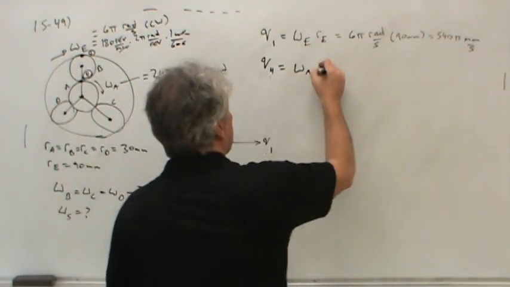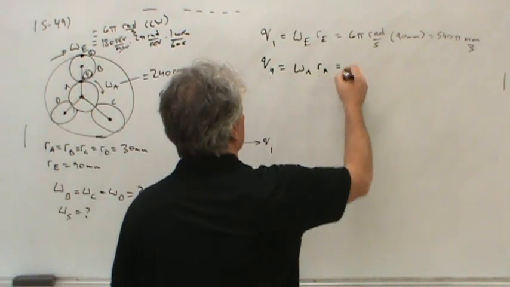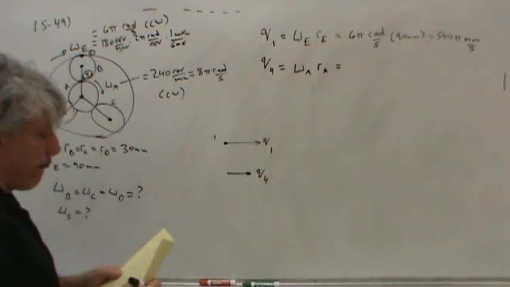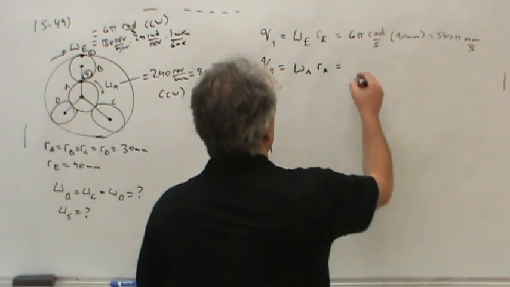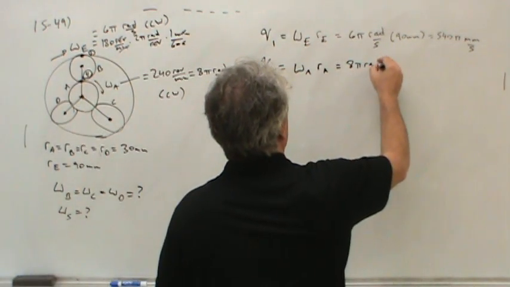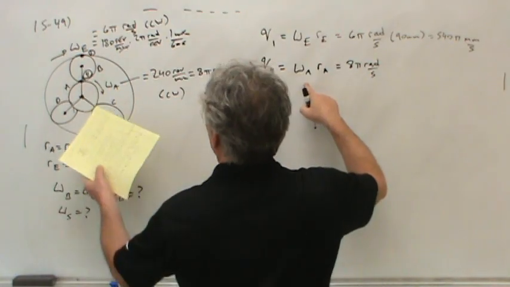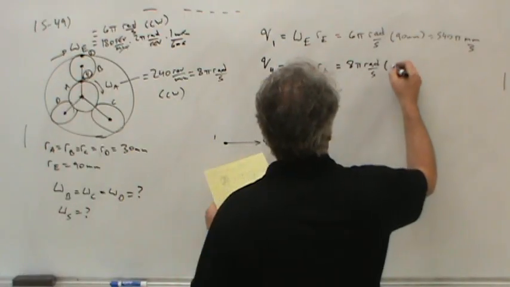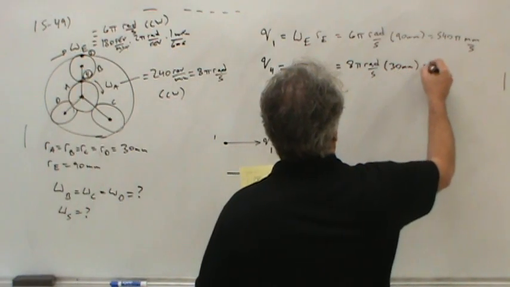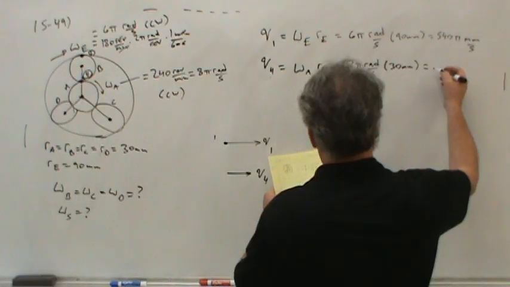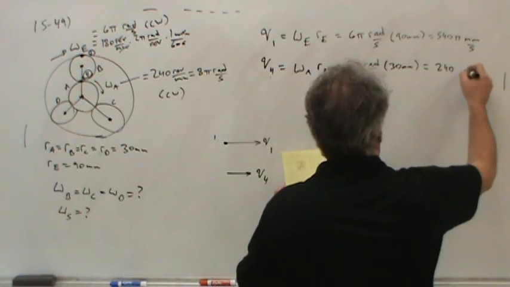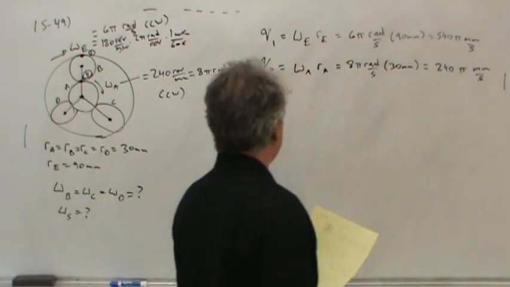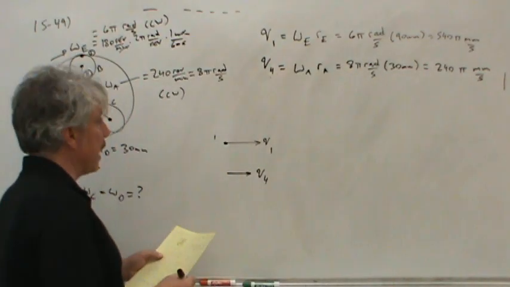So omega A times the radius of A. Notice both gear E and gear A have center at the center of A. So 8 pi radians per second is the angular speed of gear A. Multiply that by the radius of A, 30 millimeters, and now we know the linear velocity of that point on the top of gear A, 240 pi millimeters per second. So now we know V1 and V4.